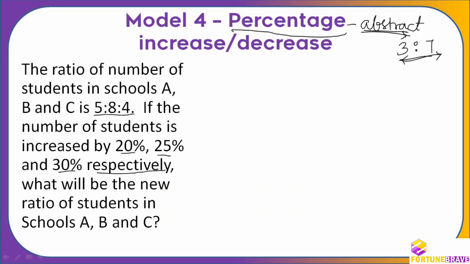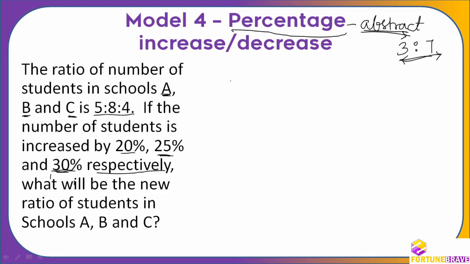It means that 20% is for A, 25% is for B and 30% is for C, which all of you might know as well. So if A is increased by 20%, B by 25% and C by 30%, what will be the new ratio of students in schools A, B and C?